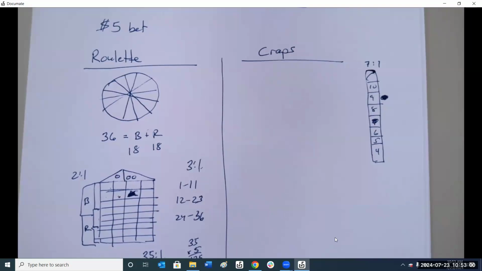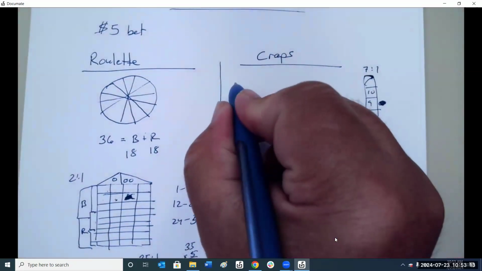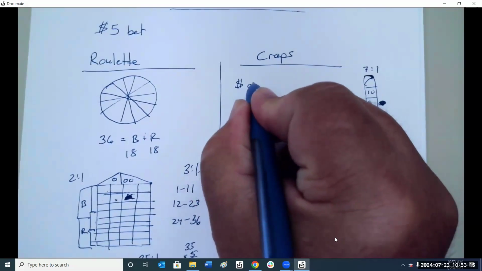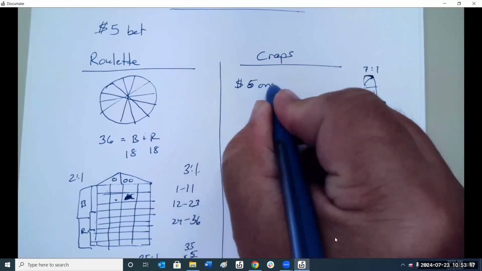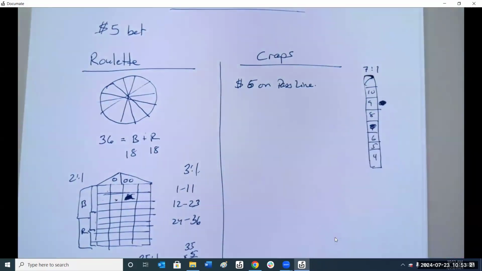So with a $5 bet, you bet on the pass line. What the pass line is, on the first roll, you're betting that the person's going to roll a 7 or 11. So $5 on the pass line. Remember, we're looking for the expected value.